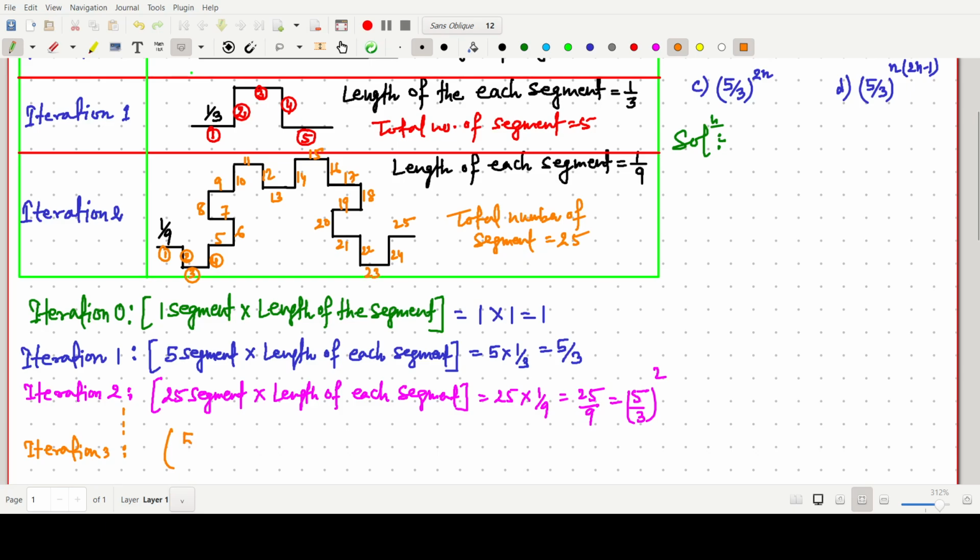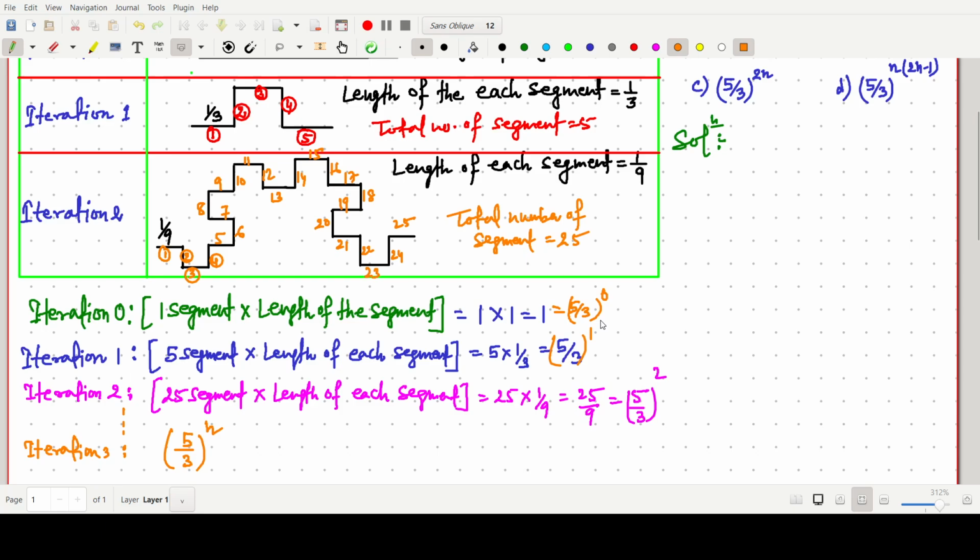So for iteration n it should be 5 by 3 to the power n. For iteration 2 it is 2, for iteration 1 it is 1, and for iteration 0 we can write 5 by 3 to the power 0. Clear?